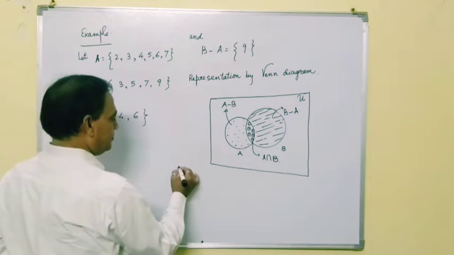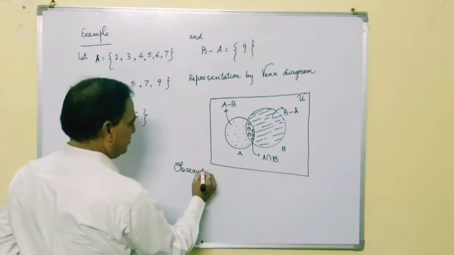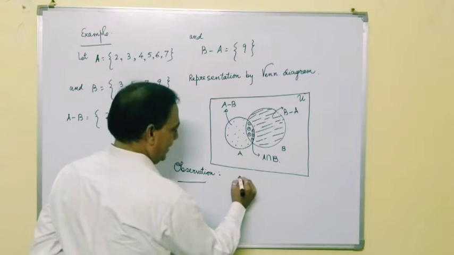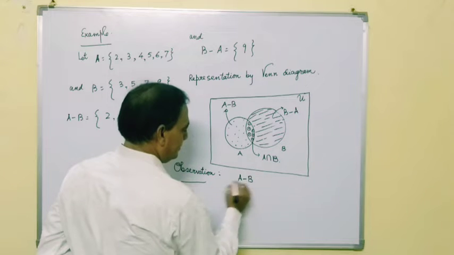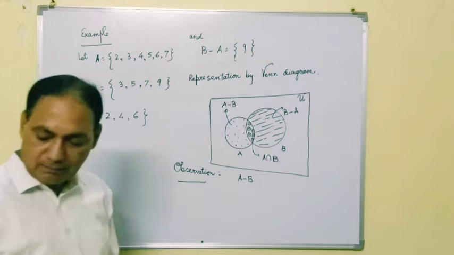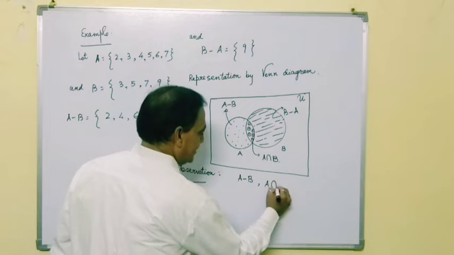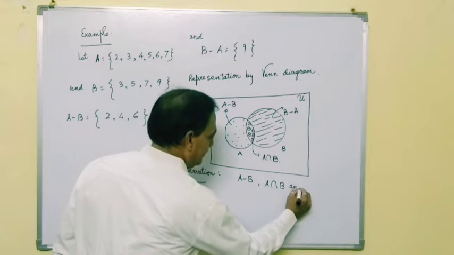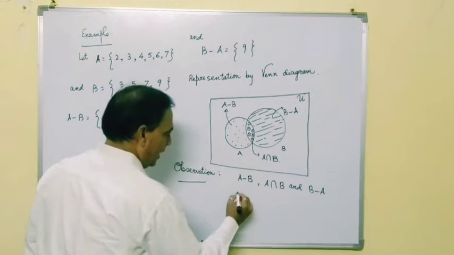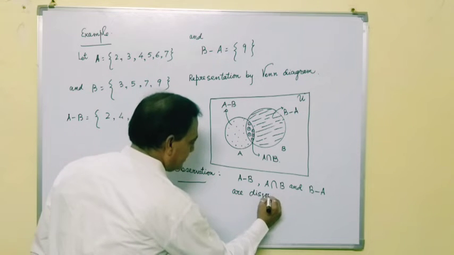So from this Venn diagram, you can observe that A minus B, A intersection B and B minus A are disjoint sets.